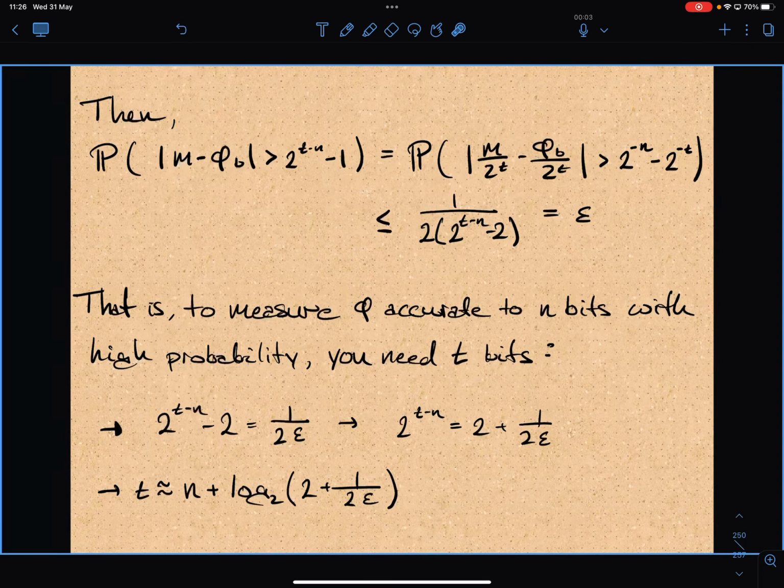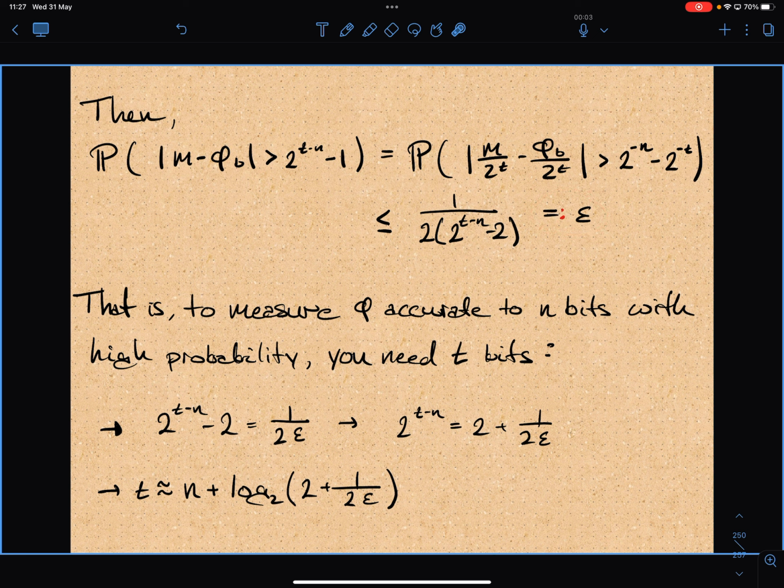So the probability that if we measure something and we look at the distance from phi sub b, the best approximation, and we say that the distance between these two is greater than 2 to the t minus n, or if we put it into decimal, into numbers between 0 and 1, the probability that the measurement is further than 2 to the minus n minus 2 to the minus t is going to be bounded above by this quantity, which we'll just call epsilon.